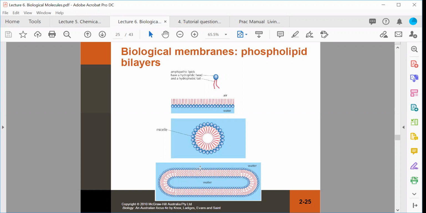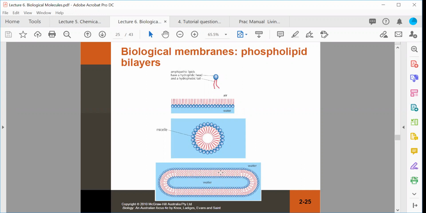So for this upper layer of phospholipids, once again, the hydrophilic heads are associating with this aqueous medium outside the cell. This lower layer of phospholipids, the heads are associated with the aqueous interior of the cell, but all those hydrophobic tails are all facing towards each other within the actual membrane itself and escaping from the water.